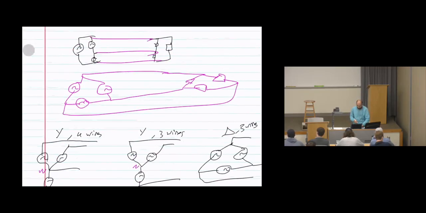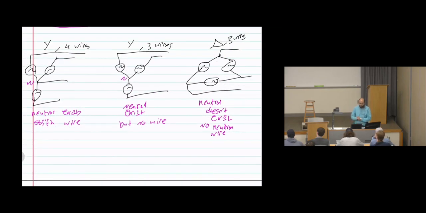Then we mentioned the source connection and the load connection. There are 3 types of connection depending on how many wires we have. There is Y connection and there is delta. For Y there are 2 types: Y with 4 wires and Y with 3 wires. In either situation, whether 4 wires or 3 wires, the neutral exists.